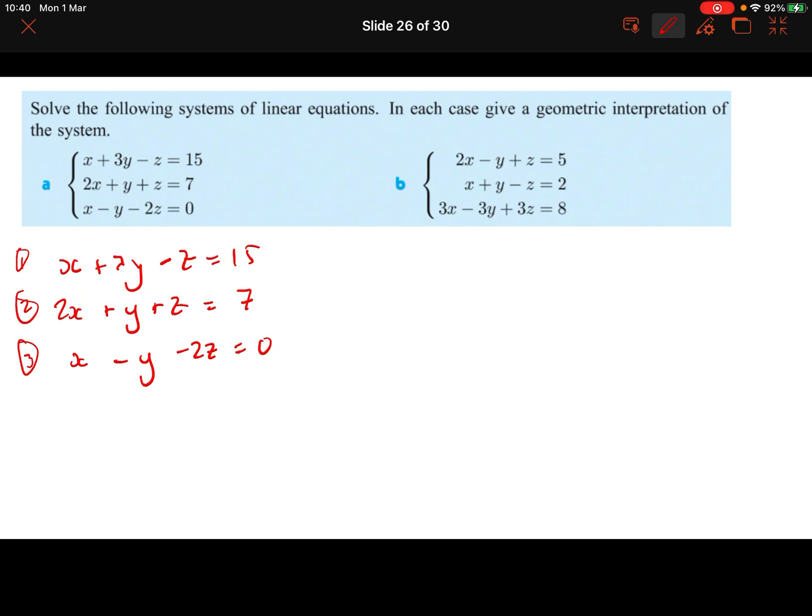Let's write this more neatly. Now, can I do any elimination here? Yeah, I can. If I do 1 plus 2, I will eliminate z's. So I'll get 3x plus 4y is equal to 22.